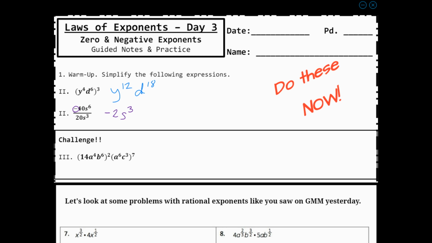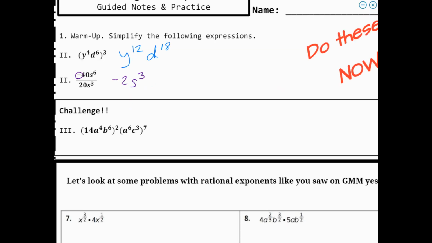So then in this challenge problem down here, we've got this whole first piece right here to the power of 2. So you need to do that first. What am I going to do with the coefficient?